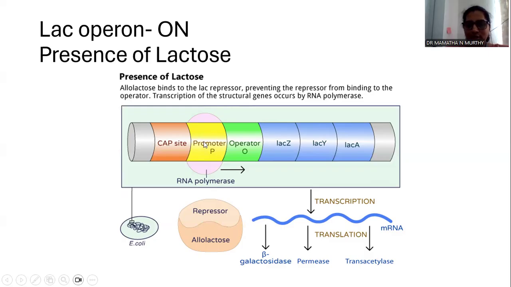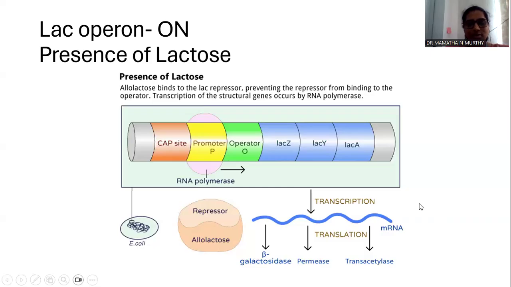Once the promoter region is bound by RNA polymerase, it brings about transcription by synthesizing a polycistronic mRNA. Once the mRNA is synthesized, translation takes place by synthesizing the different proteins or enzymes which are essential in the bacterial cell.